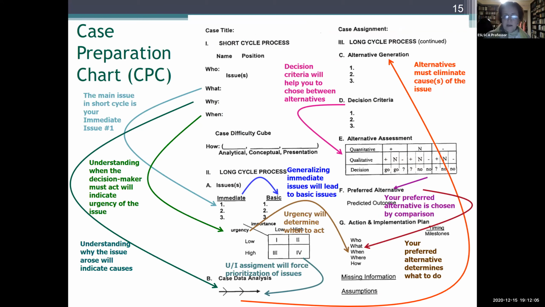For example, in a long cycle process, part A, if the students put anything about Starbucks in basic issues, this is wrong, because basic issues are general issues from the textbook. So this would be a wrong way of completing it. If the students don't put enough data or numbers, and the case has a lot of data, that will be a minus point. So you assign different weights to these parts of the long cycle process.